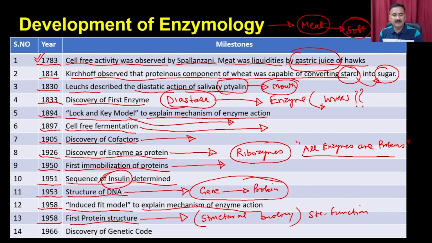Then in the year 1966, people discovered the genetic code, and that is how people started knowing which genetic code codes for which amino acid, and that allowed them to clone that particular gene or protein.